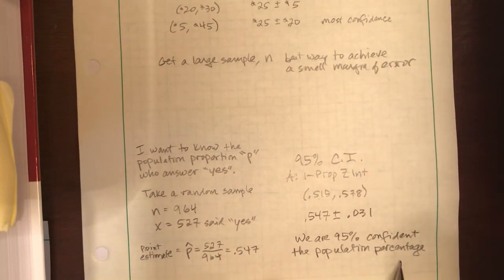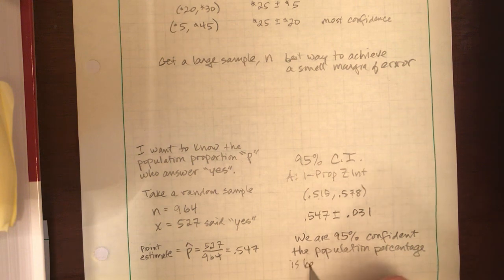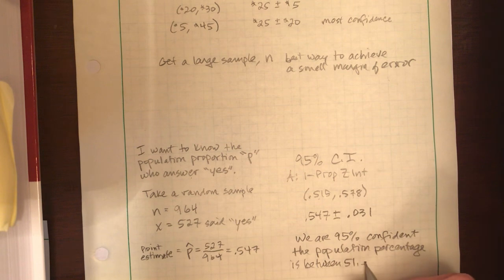But then I like to write the percentage. The population percentage is between 51.5 and 57.8.